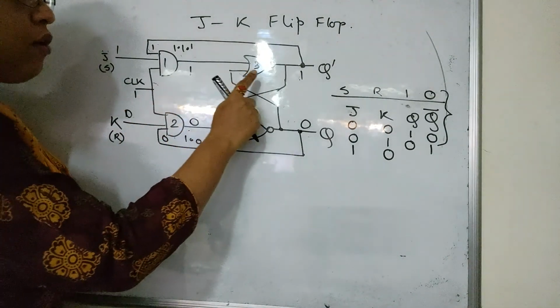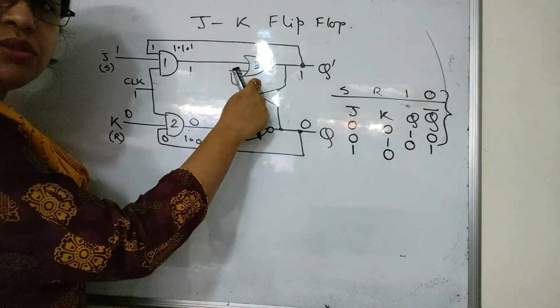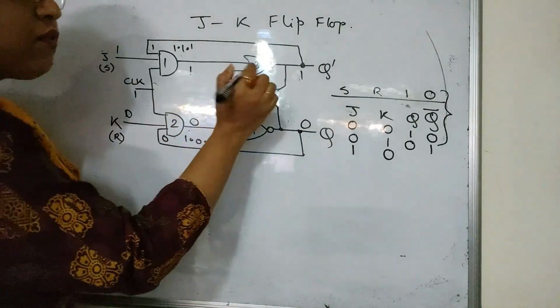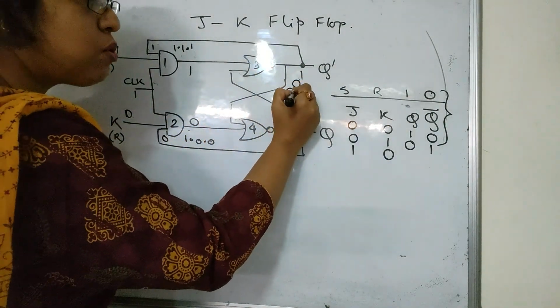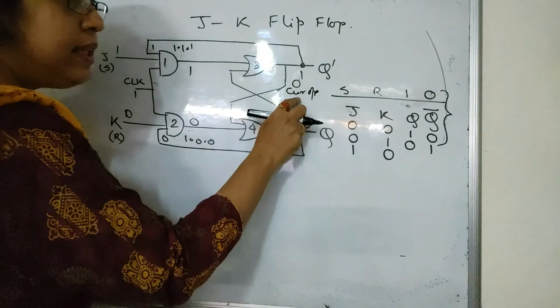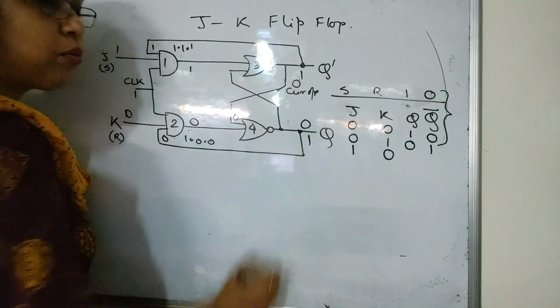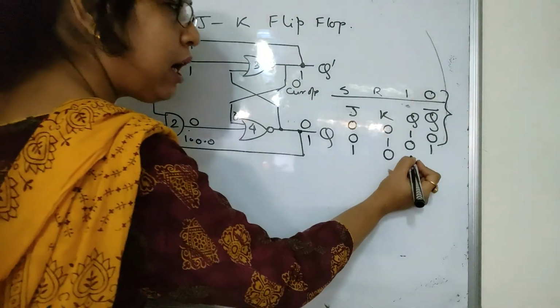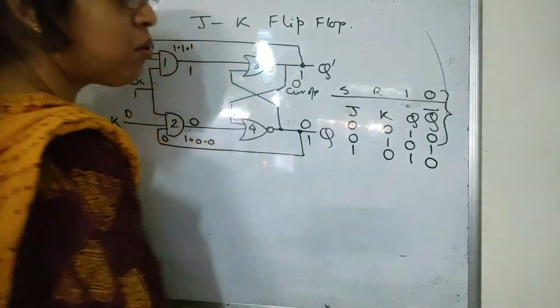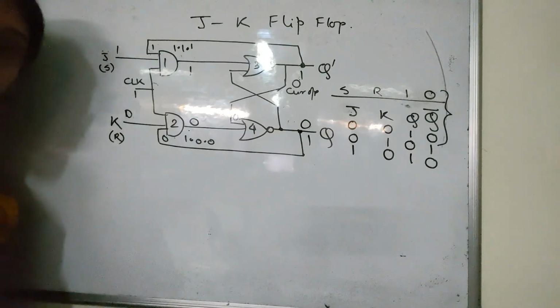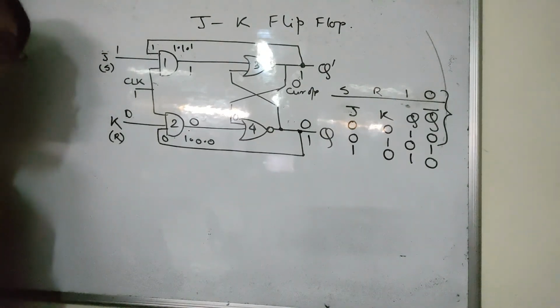Right? Now we will consider NOR gate 3 first because that has got a high input. NOR gate number 3 will give us an output of 0, that would be its current output. This current output when fed back into NOR gate number 4 will give us an output of 1. So Q becomes 1, Q dash becomes 0, that is our set state, just again like SR flip-flop.